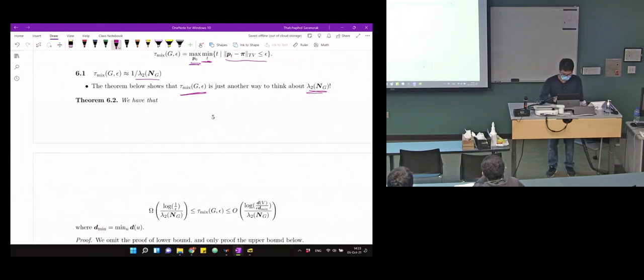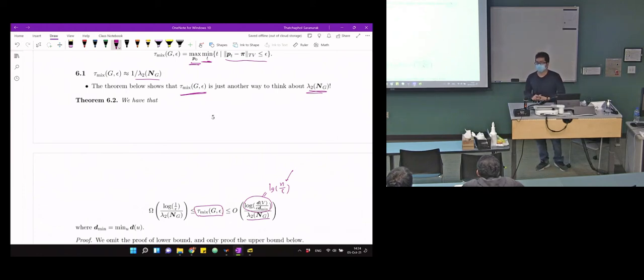So mixing time is basically 1 over lambda 2. And maybe think of this as a log n factor, basically. So mixing time is bounded above and below by 1 over lambda 2, and there is just one log n factor that is a slack.